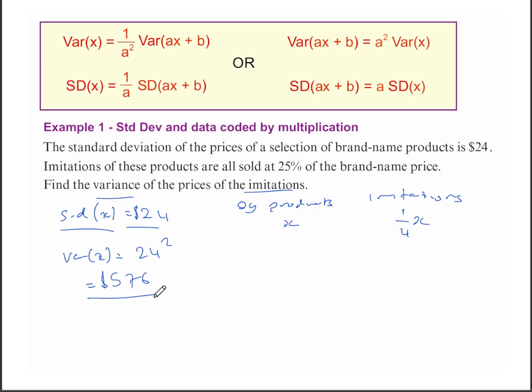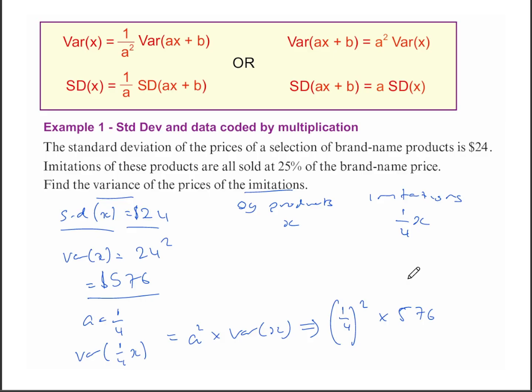And if that's 576, and our constant A is equal to 1/4, then to find our variance of 1/4 x, that will just be A squared multiplied by the variance of X. This is going to be just 1/4 squared multiplied by 576.